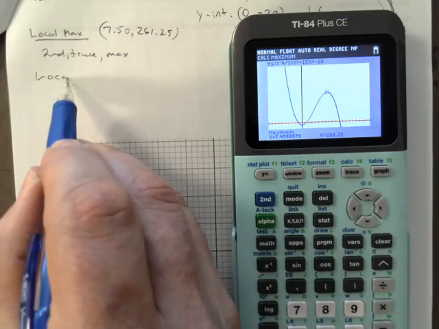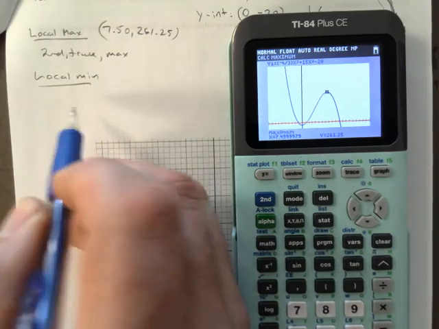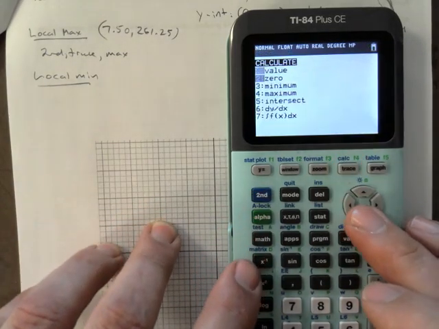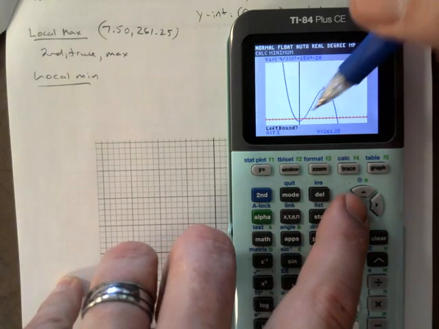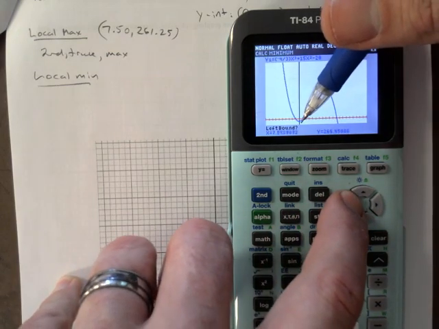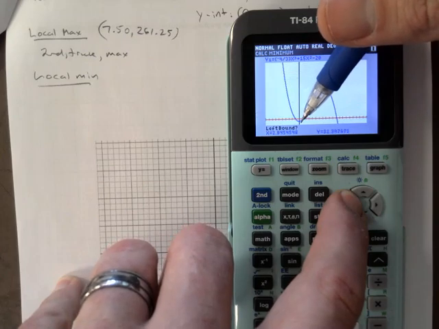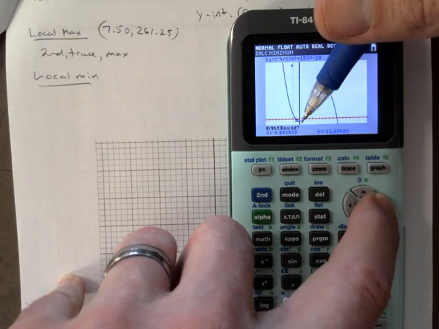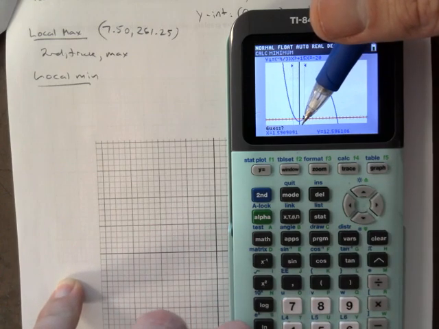Now we're going to find the local min. So we don't have vertex, right? We just have local min, local max. So second, trace, minimum. Here is the minimum where my pencil is. You need to go to the left of it. Enter. To the right of it. Enter, and then enter one more time.